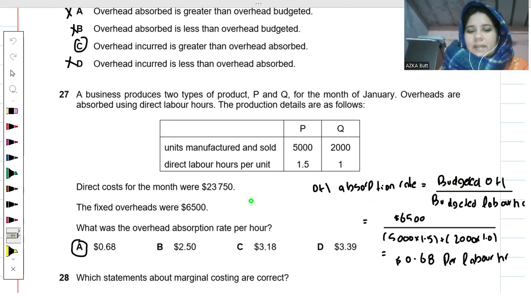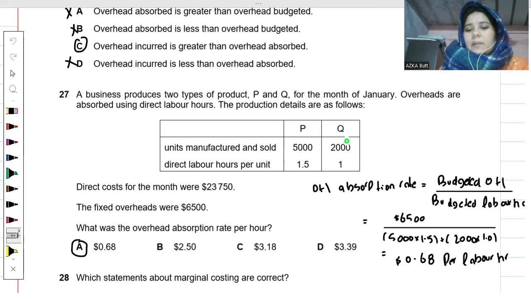Okay, so budgeted overheads for both products are 6,500, and the budgeted labor hours we have to find. As you can see, we have the labor hours per unit, so we have to multiply by the number of units. 5,000 is the number of units for P and the labor hour per unit is 1.5, so we multiply them.